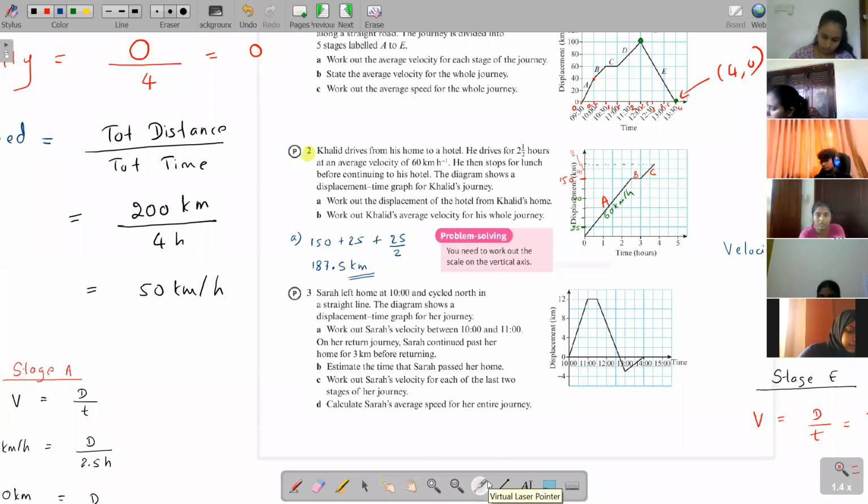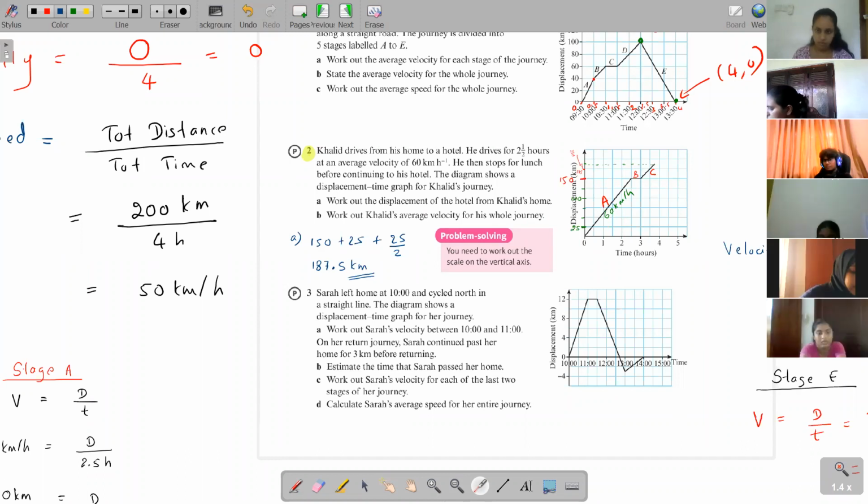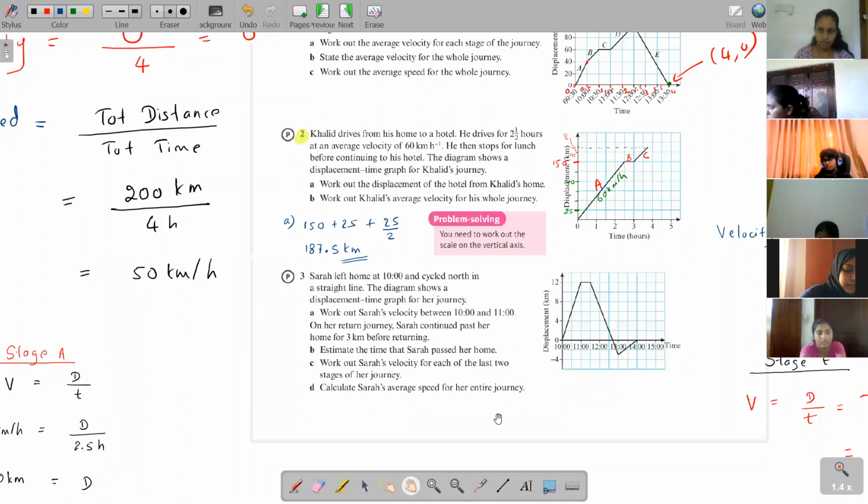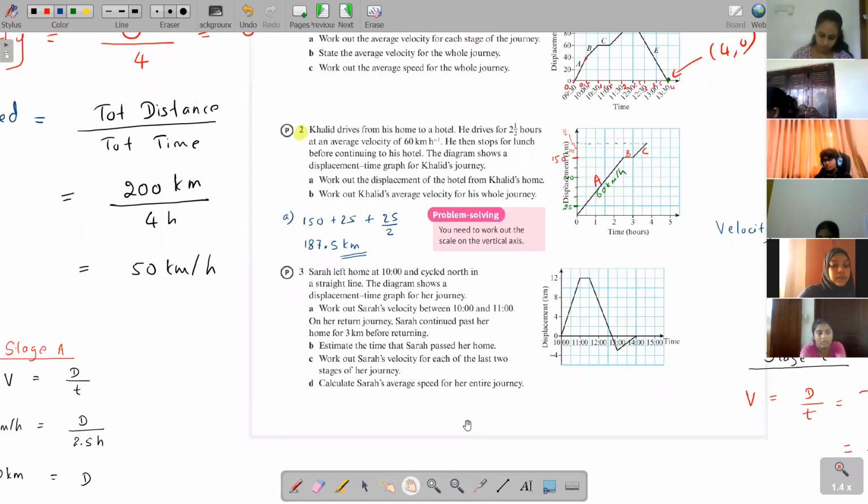Work out Khalid's average velocity for his whole journey. So average velocity for the whole journey, you know the rule, average velocity is displacement for the whole journey divided by the time. Can you all get the answer for that? So time also we can say is in the middle of this box here.